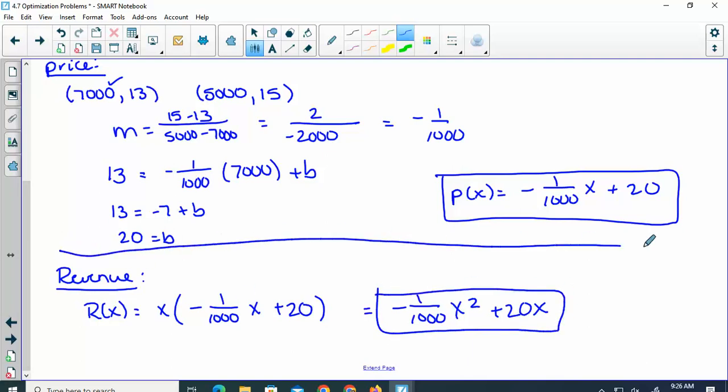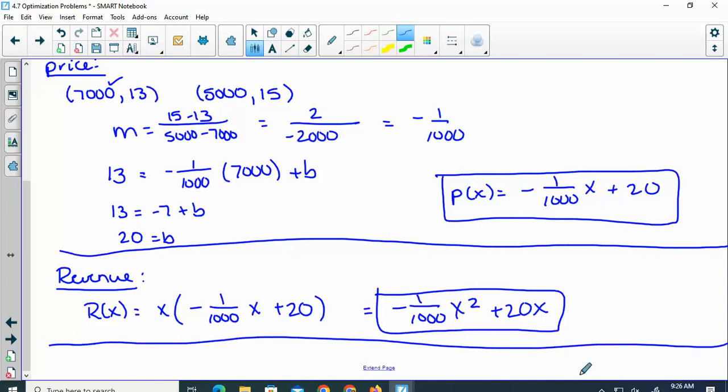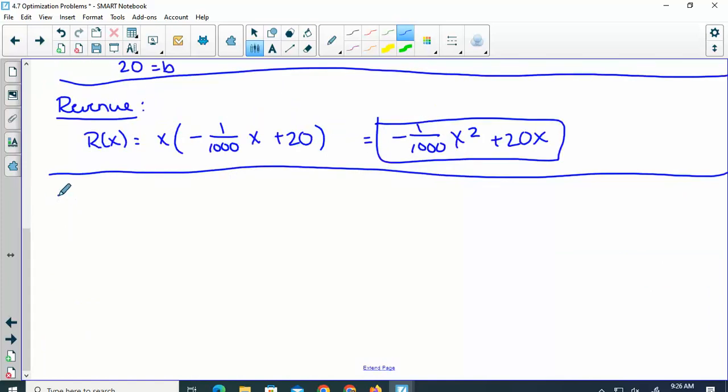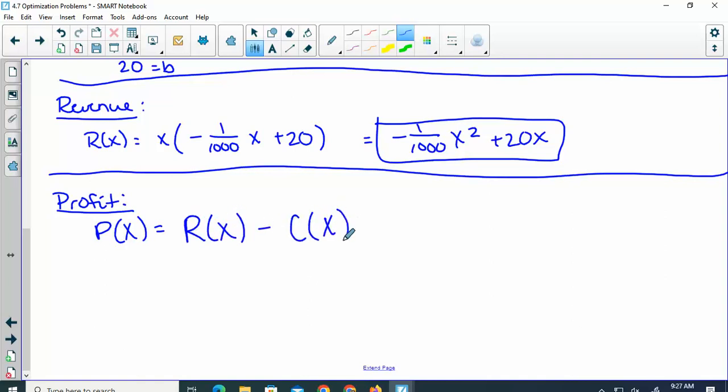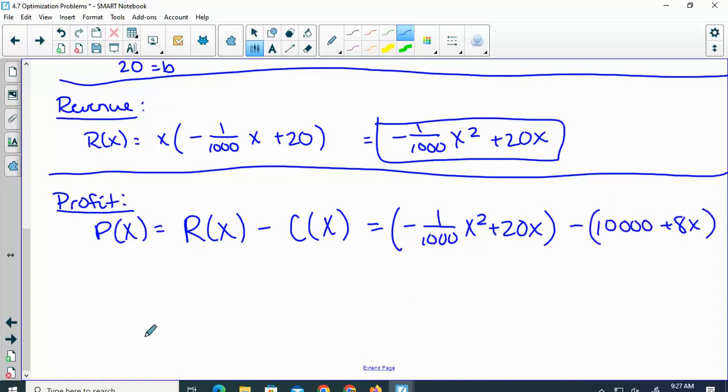What are we trying to maximize? Profit. How did we say we found profit? Revenue minus the cost. Revenue was negative 1 over 1,000 x squared plus 20x, minus my original cost, which was 10,000 plus 8x.